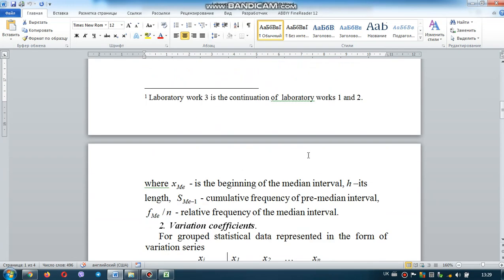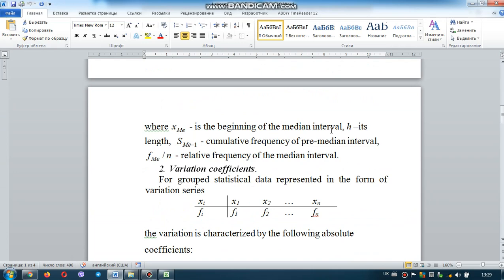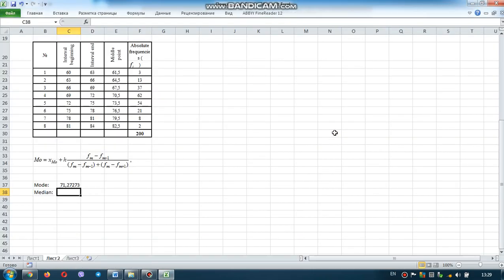X median is the beginning of the median interval.